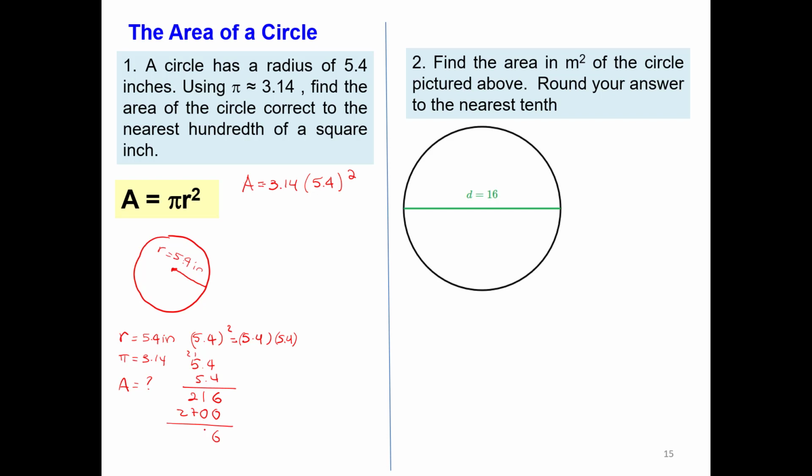We add this, and it will be 2, 9, 1, 6. We had 2 decimal places, 1 and 2, so the decimal point must be here, and let's write this value here.